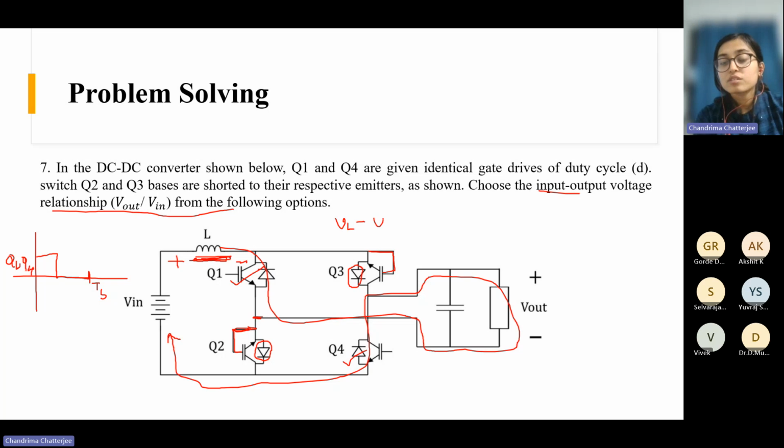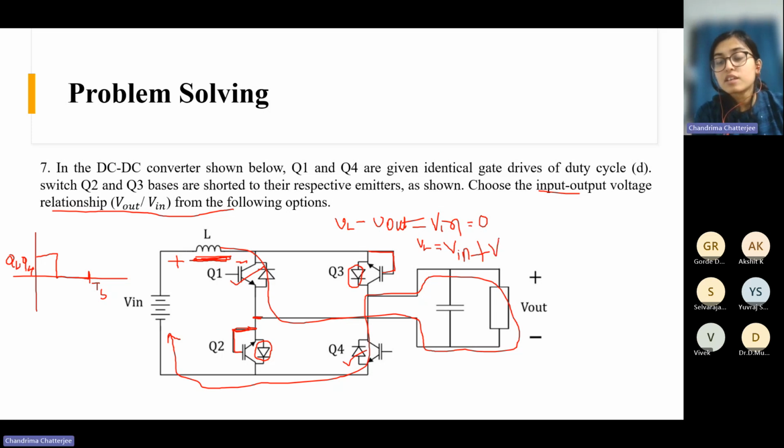So minus V out, then from here to here, again minus V in, from minus to plus you are going. So minus V in. So this is 0. So what is the voltage across the inductor? Voltage across the inductor is V in plus V out, when Q1 and Q4 are on.